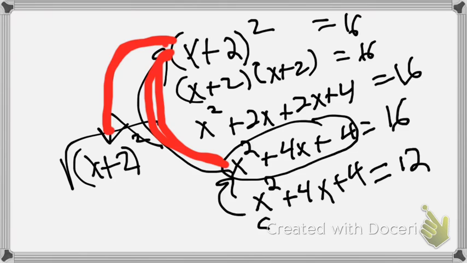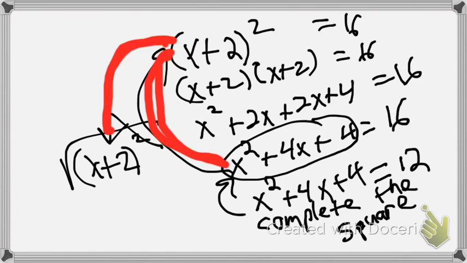So that act of adding the 4 in is called completing the square. Because what I did was I added a number in there which then allowed me to factor x squared plus 4x plus 4 into a perfect binomial square, in this case x plus 2 squared, which I could then take the square root of and therefore solve for x.